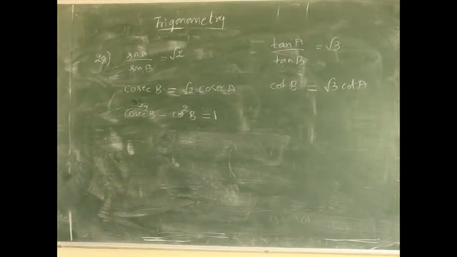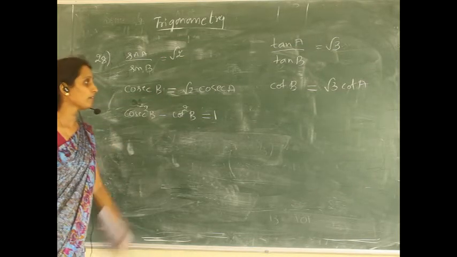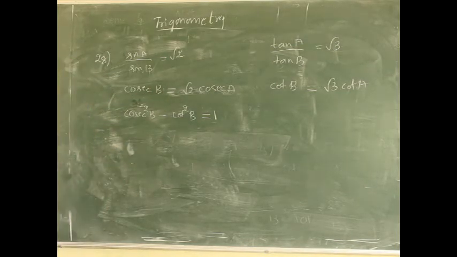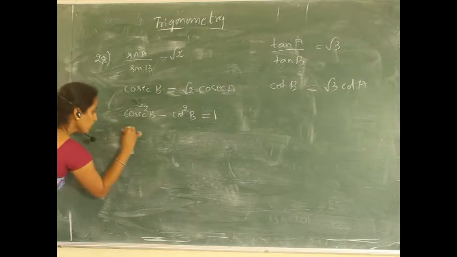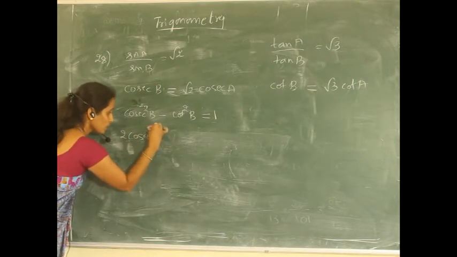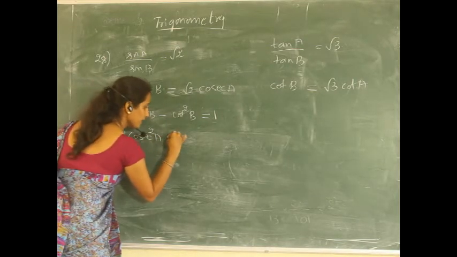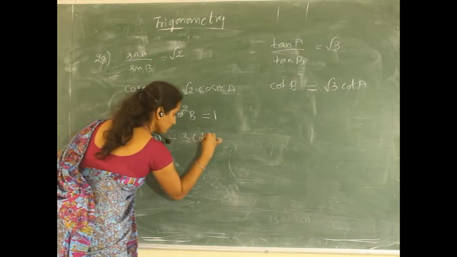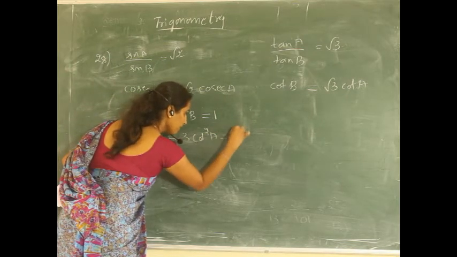Now cosec B is given as root 2 cosec A. So with this we get 2 cosec square A minus 3 cot square A equal to 1.